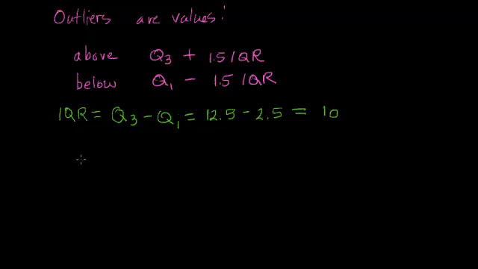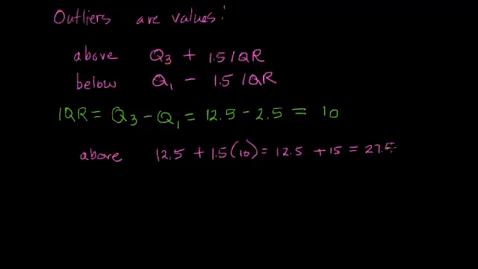Okay, so let's find out what the cutoff points are for our outliers. So we would say above Q3, which is 12.5, plus 1.5 times 10, or 12.5 plus 15, which would be 27.5. So anything above that would be considered an outlier.